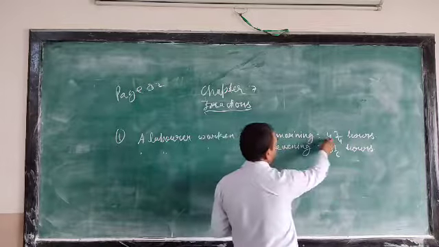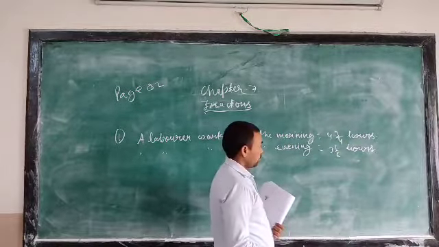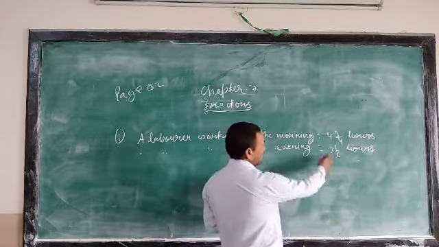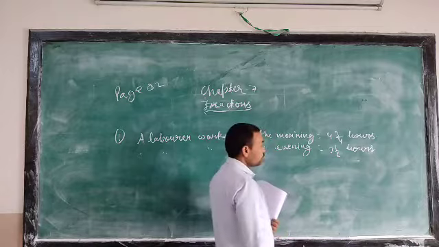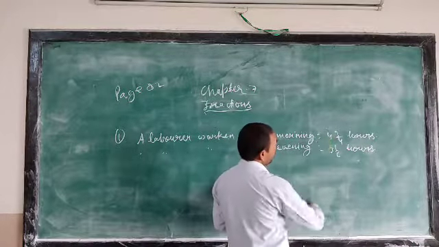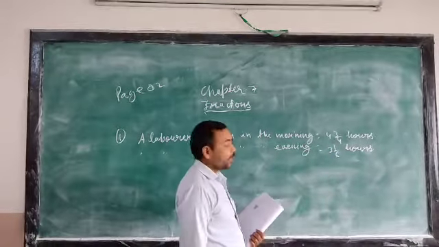You know that, children, this number 4 and 3 by 4 is 4 and 3 quarters. This number is more close to 5, and this number is more close to 3. So the total hours worked is 5 plus 3, near about 8 hours.